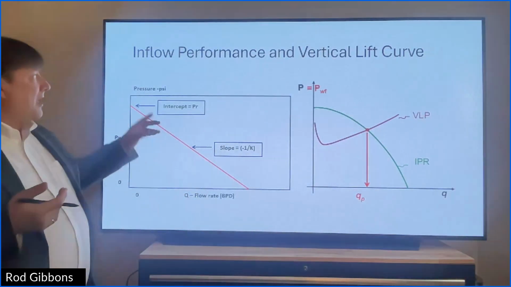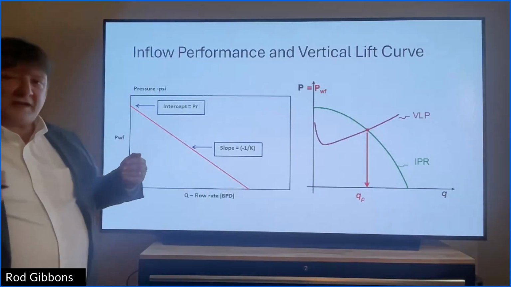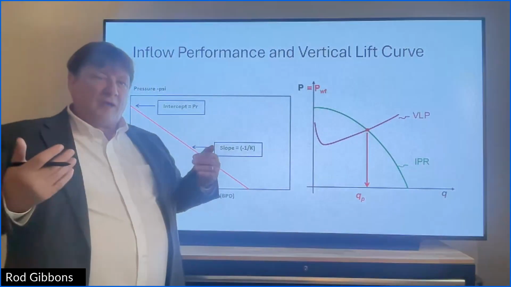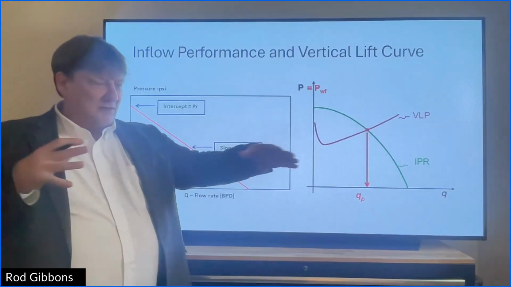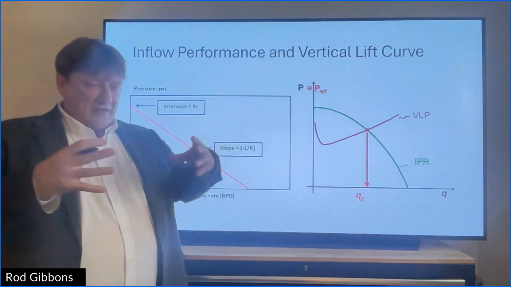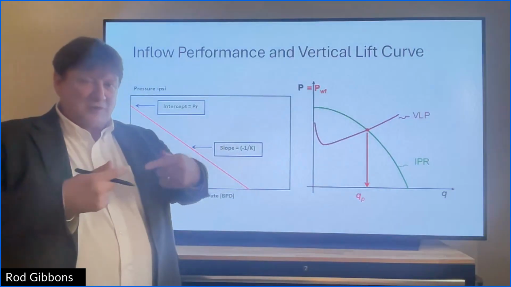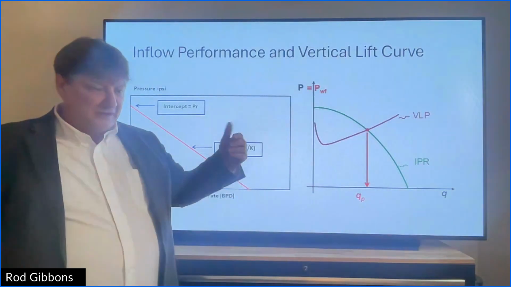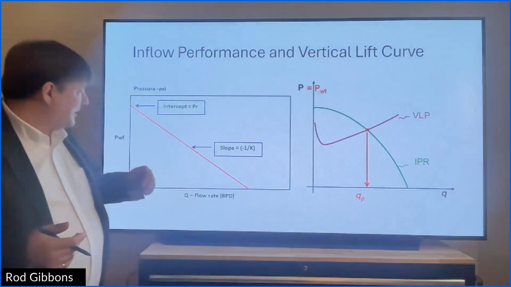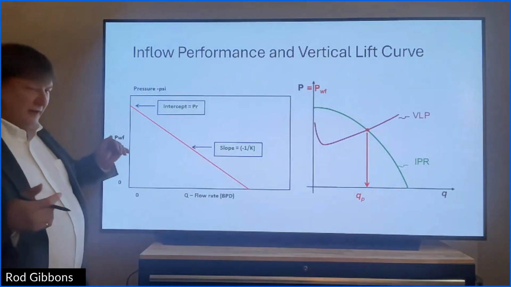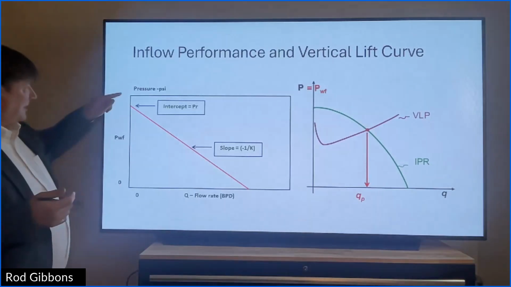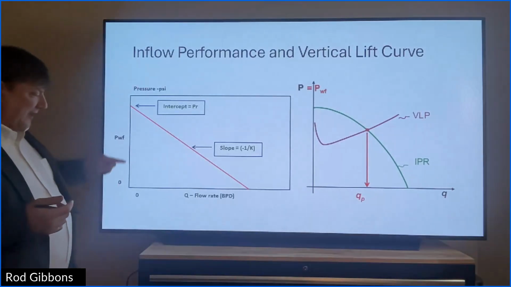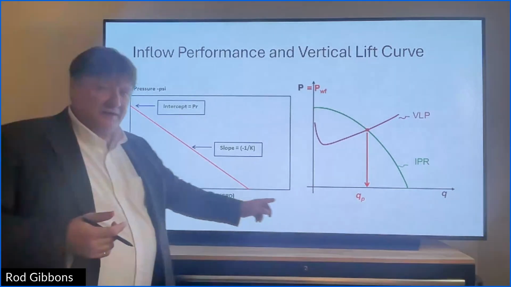Inflow performance is, as it sounds, how the oil and gas is flowing into the well. So it's all out in the reservoir rock, and it's starting to flow towards this hole that we've drilled. What does that performance look like? Typically you can classify that by plotting the pressure on one axis and the flow rate on another.